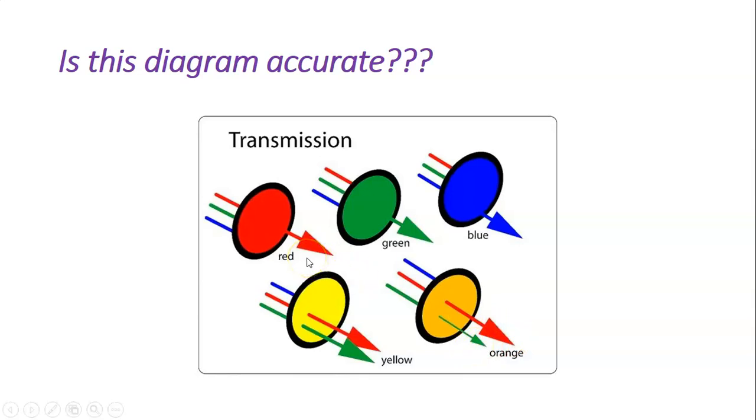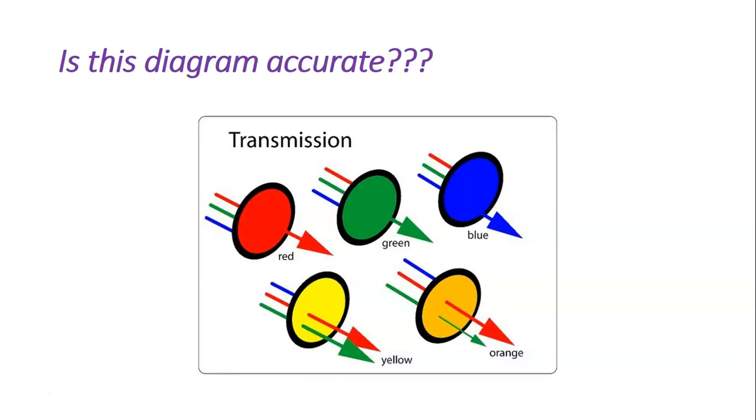The one thing that I do not like about this diagram is that it's basically implying that white light is only made up of red, green, and blue. We have red, green, and blue cones in our eyes that are responsible for basically resonating and receiving stimulus from the red energy of visible light, the green energy of visible light, and the blue energy of visible light.